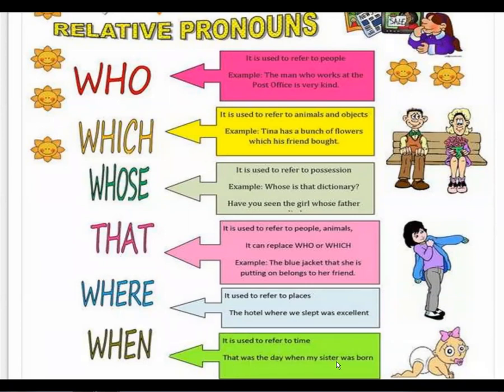That was the day when my sister was born. So what is the use of relative pronouns in a sentence? Relative pronouns are all the WH words, and that is also one of the relative pronouns. The boy who has been disturbing our class will be caught one day.